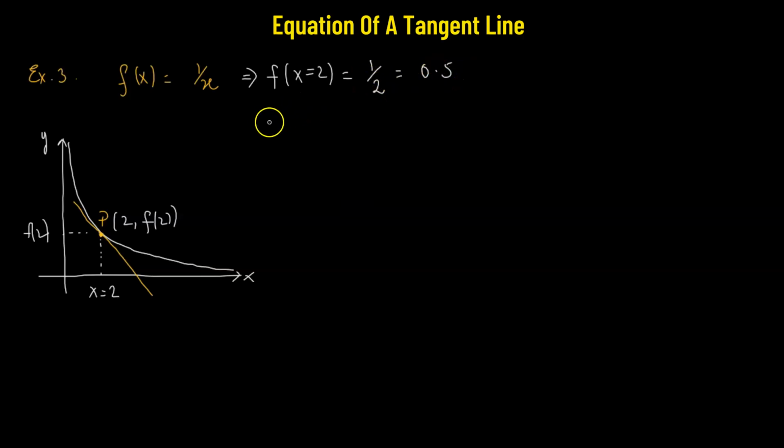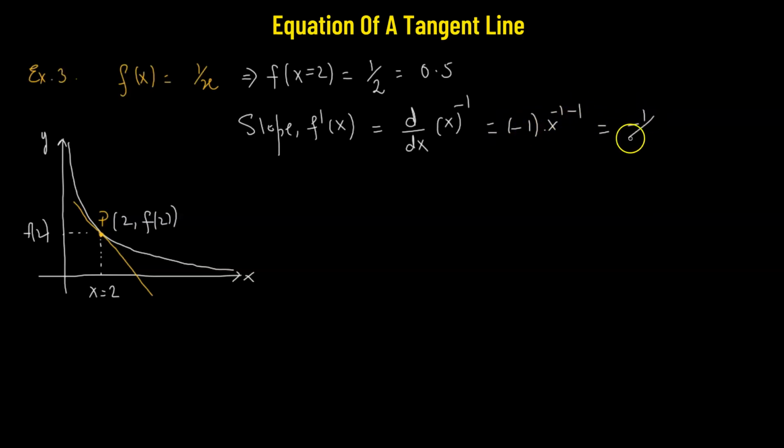We'll use it later. Then the slope f prime of x is given by the derivative with respect to x of 1 over x, or simply x raised to the power of negative 1. So this gives us negative 1 times x raised to the power of negative 1 minus 1, or simply negative 1 over x squared. So at x equals 2, the slope value will be negative 1 over 2 squared, which is negative 1 over 4.